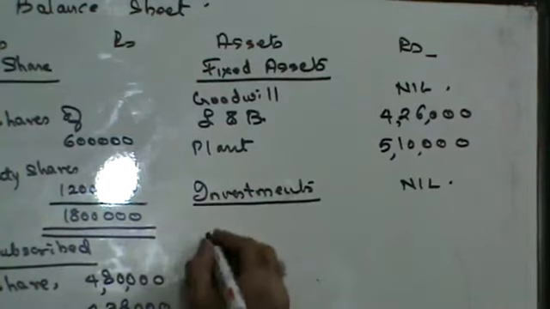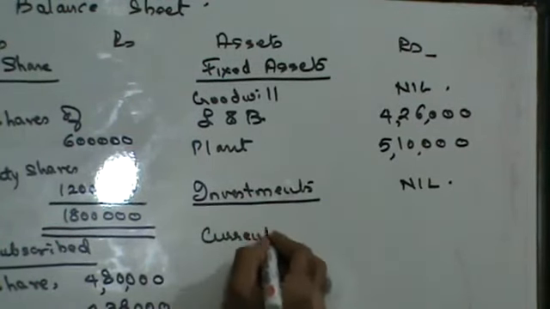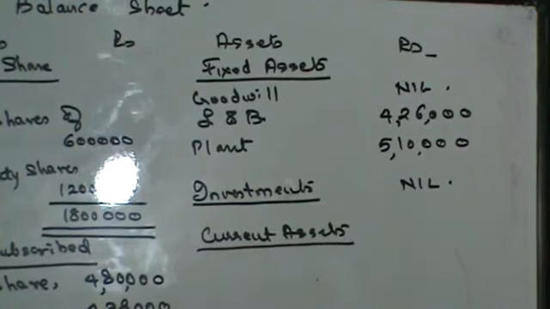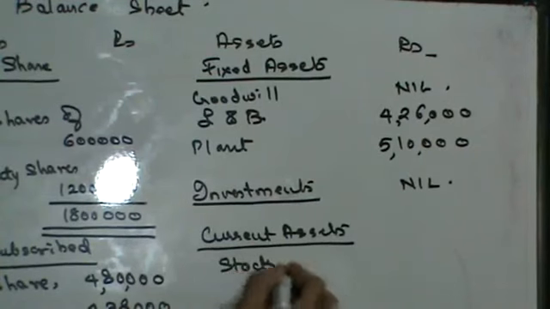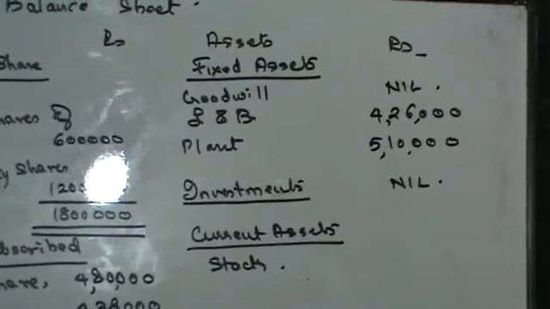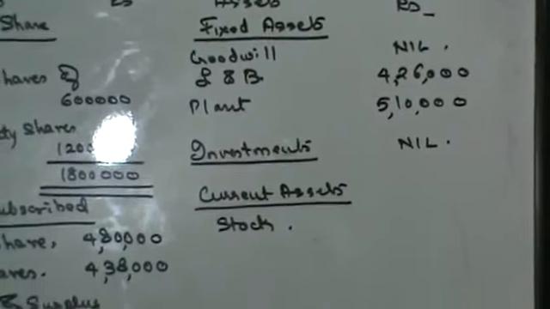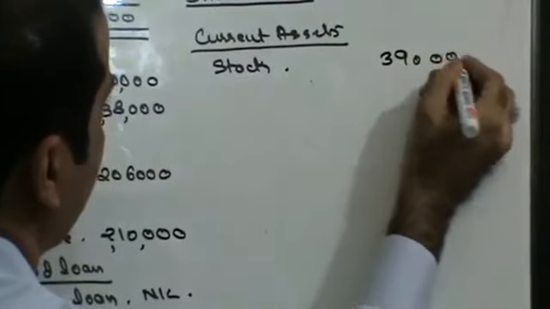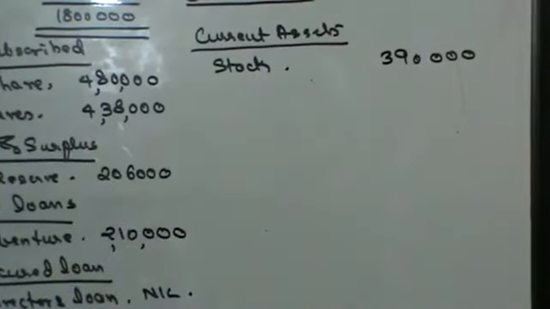Then you have current assets. Under current assets you have stock. Stock was 4,50,000. Do we have stock? Yes, it has been written off by 60,000. So 3,90,000. Then you have debtors.